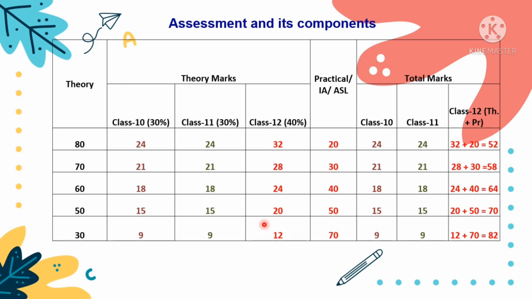So 12 for theory, 70 for practical, total from class 12 plus 70, 82 marks, right? And 9 from class 10, 9 from class 11. So 9 plus 9 plus 82 will make again 100 total. I hope you understood this table very carefully, how you are going to be assessed and what its components are.